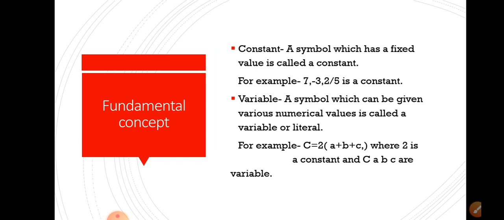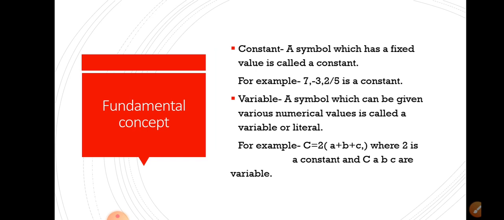a symbol which can be given various numerical values, which does not have a fixed value, unlike 7 and -3, which have a fixed value. That type of symbol which does not have a fixed value is called a variable or literal.